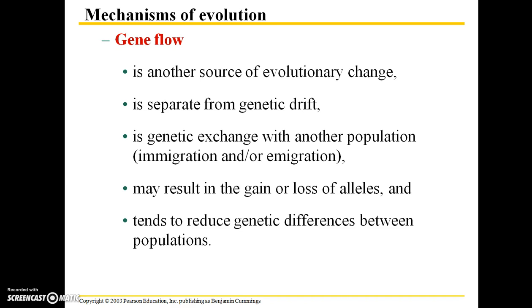Gene flow may result in the gain or loss of alleles, and it tends to reduce genetic differences between populations. This makes intuitive sense. Why? Because when we have more interbreeding between populations, you can expect those two populations to have fewer genetic differences between them and thus be more homogeneous.